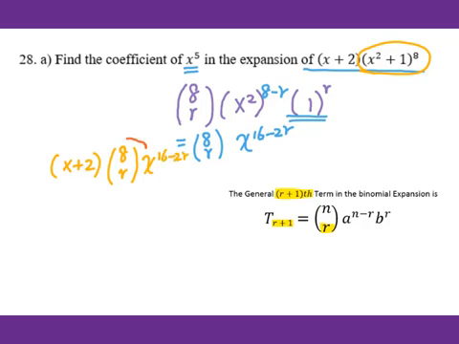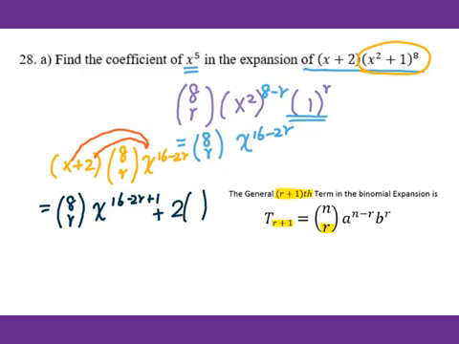We do the distributive property. You will get 8 choose r, x to the 16 minus 2r plus 1, then plus 2 times 8 choose r, x to the 16 minus 2r.